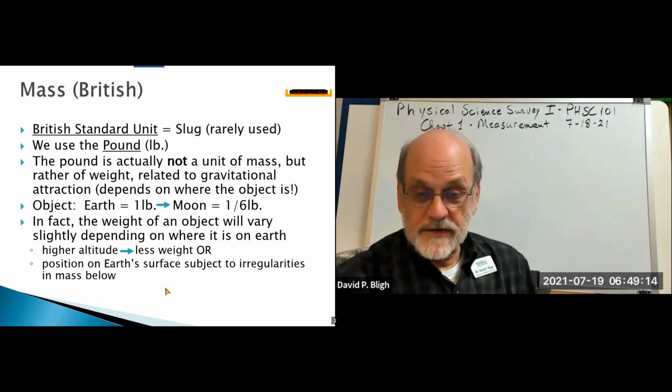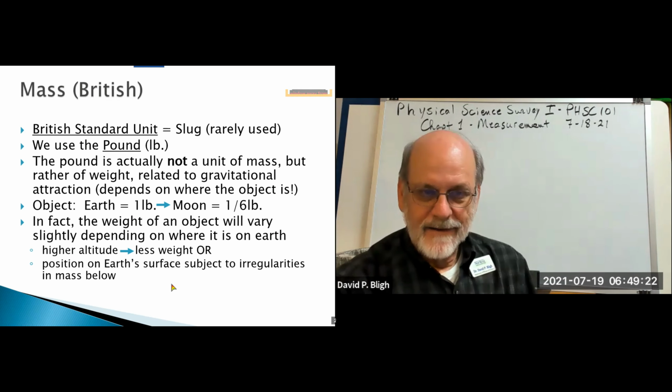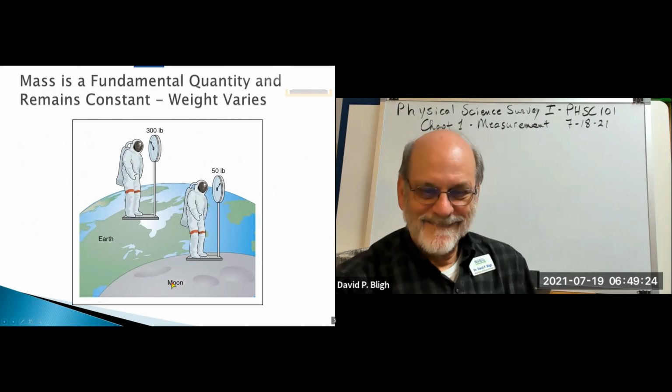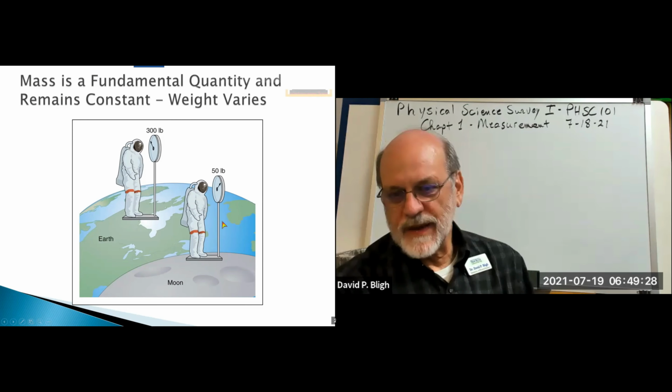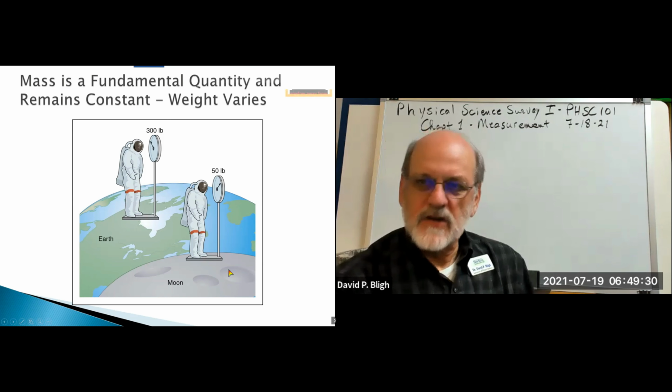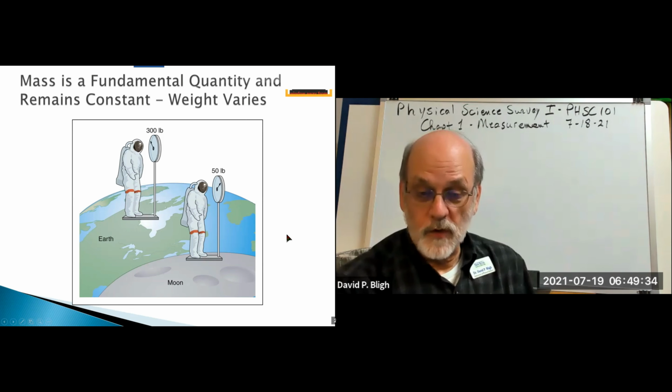That just illustrates the potential for problems when we mix our terms. Okay, so if you weigh 300 pounds on Earth, you weigh 50 pounds on the moon, that's a measure of force. And we'll talk a little bit more about force later.